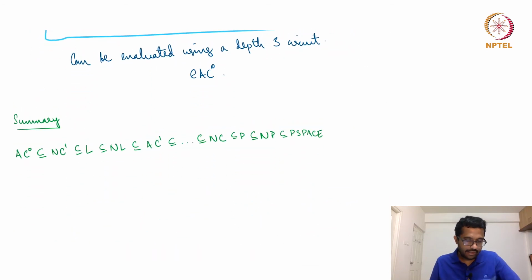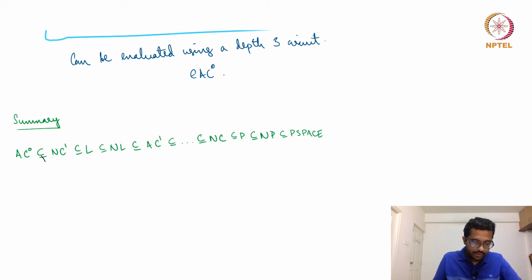I would like to summarize what we know so far, or give a brief outline about these classes and how they relate to some of the classes that we already know. So one point is AC0 is contained in NC1. NC0 is not interesting, so I will not write about that. And this containment is strict, AC0 contained in NC1.